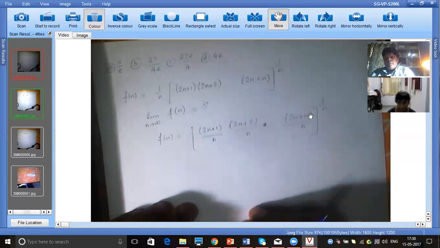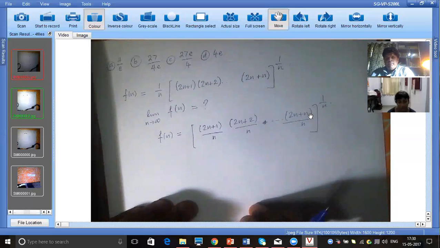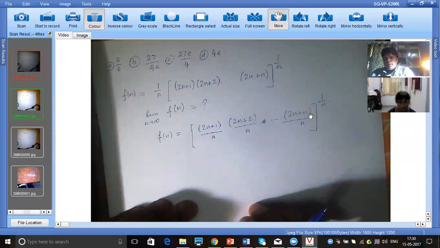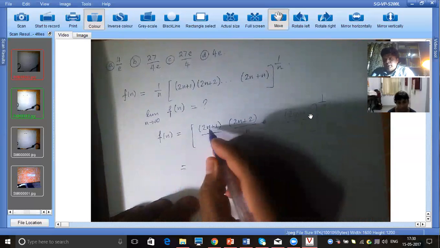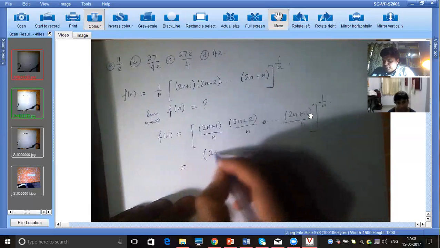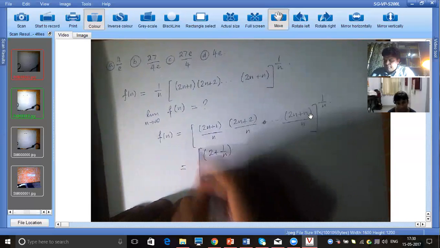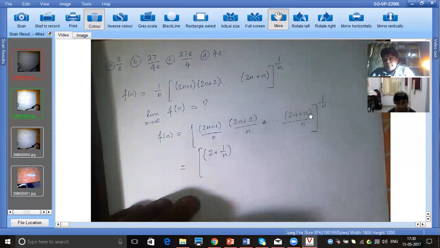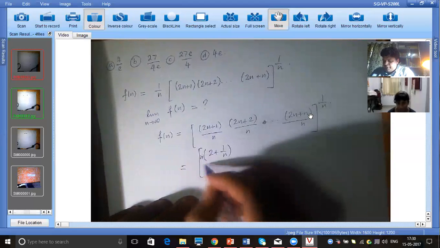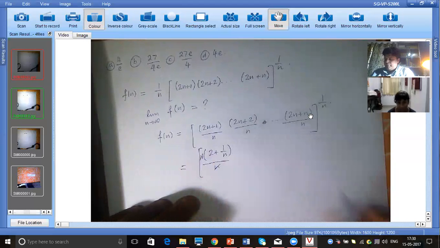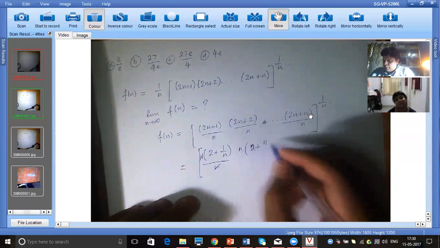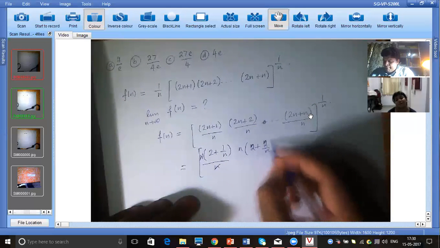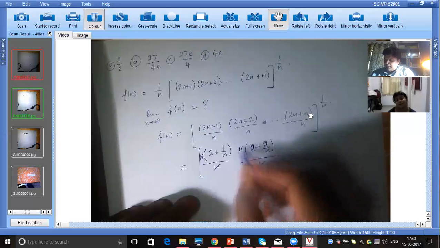Fine so far? Okay, I'm now going to pull an n out of every one of these terms. This is equal to, n comes out, 2 plus 1 by n, by n cancels. You see this? Then I pull an n out, then 2 plus 2 by n, by n. Those two cancel off.